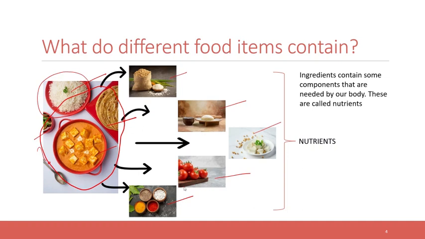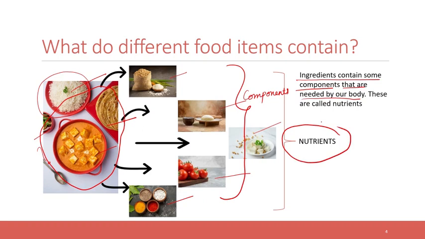So our complete meal is made up of different ingredients, and these ingredients contain some components that are needed by our body. And what do we call these components? These components are called nutrients.